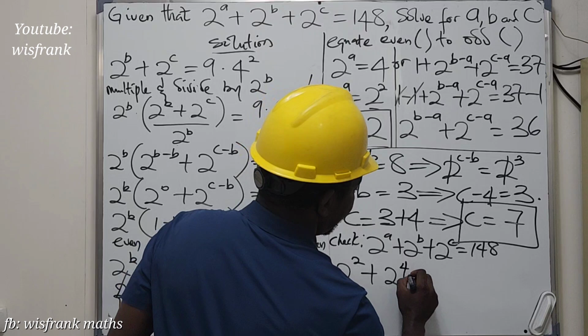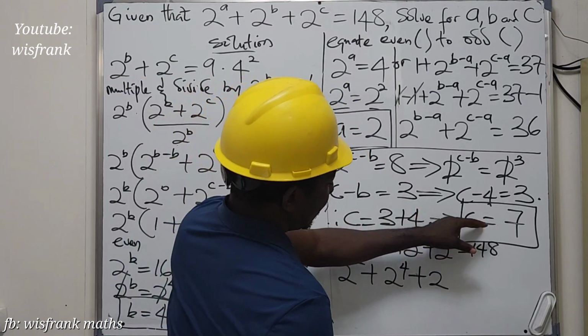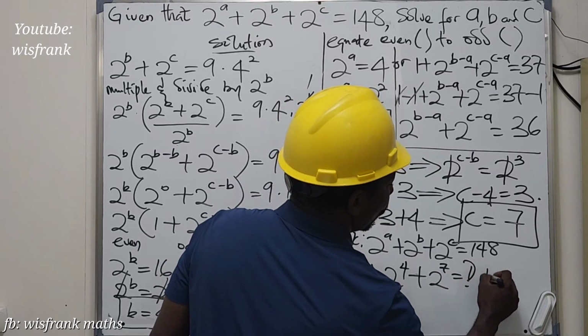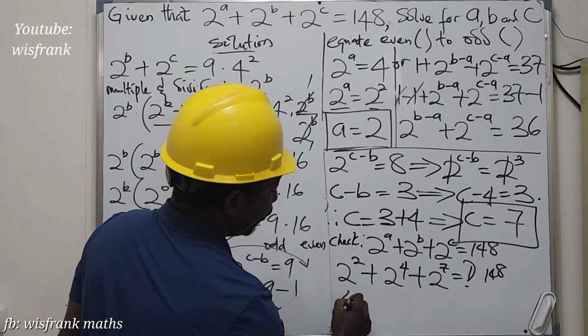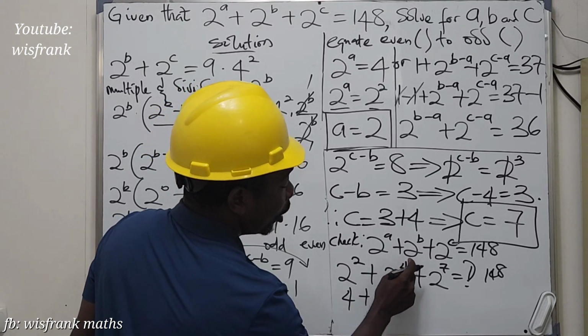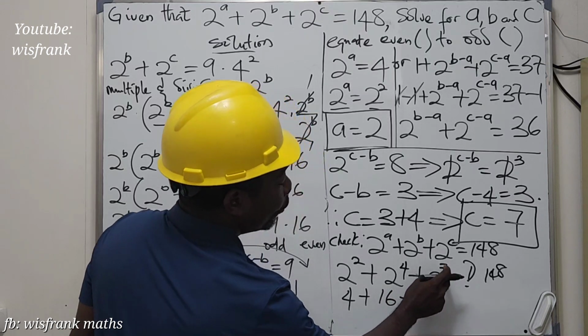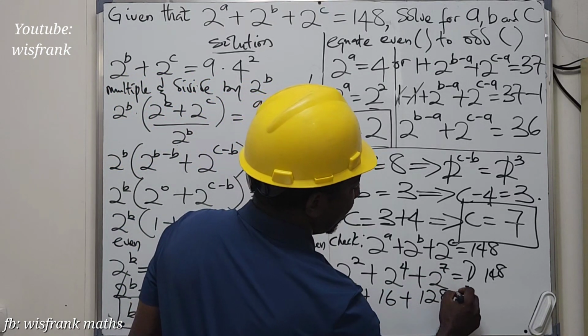Then plus 2 to the power of c, and our c is 7, which is 148. So in this case, 2 to the power of 2 is 4, plus 2 to the power of 4 is 16, and also 2 to the power of 7 is 128.